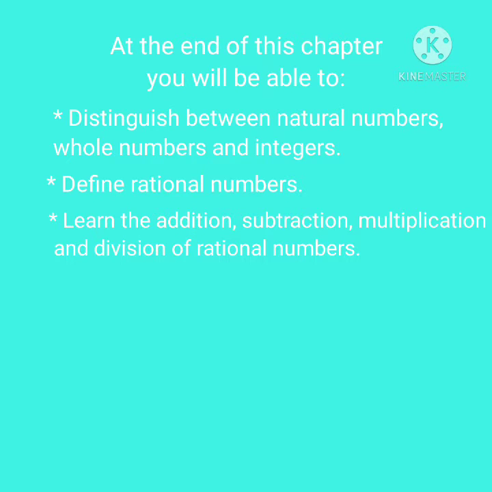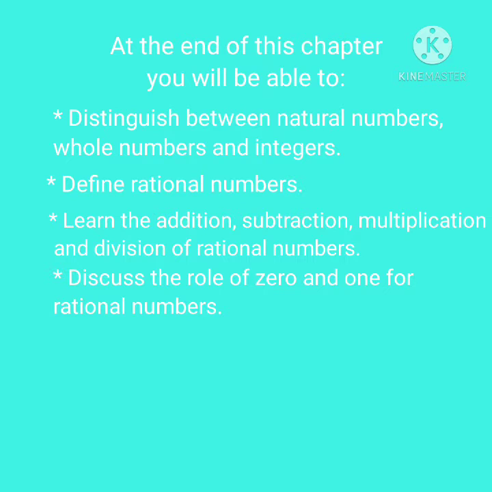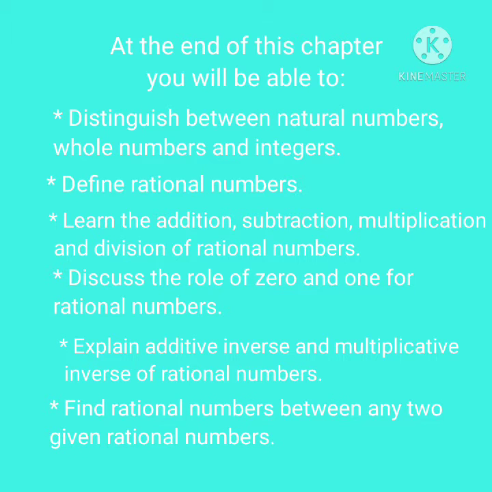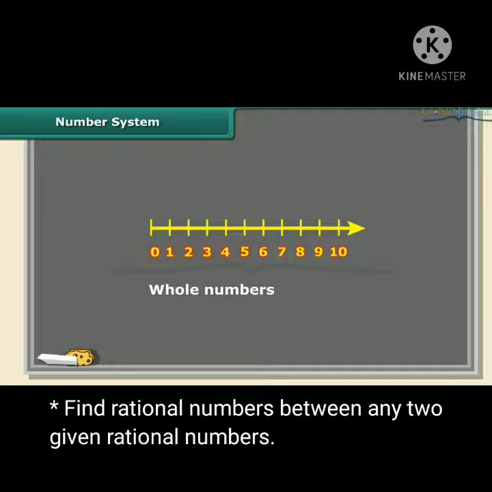Learn the addition, subtraction, multiplication, and division of rational numbers. Discuss the role of 0 and 1 for rational numbers. Explain additive inverse and multiplicative inverse of rational numbers. Find rational numbers between any two given rational numbers.